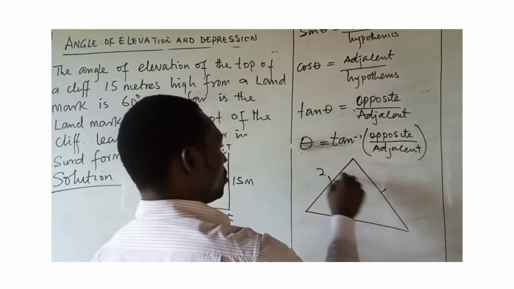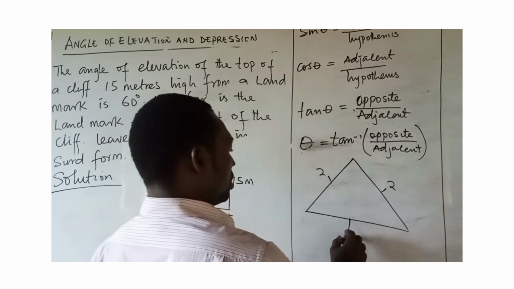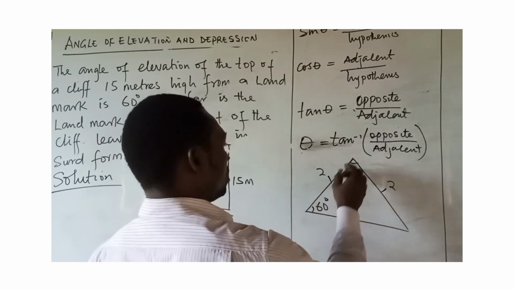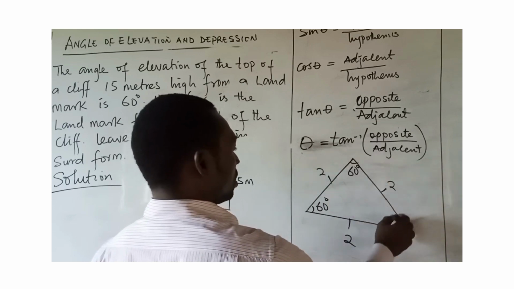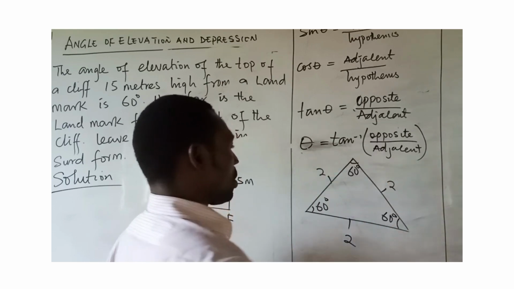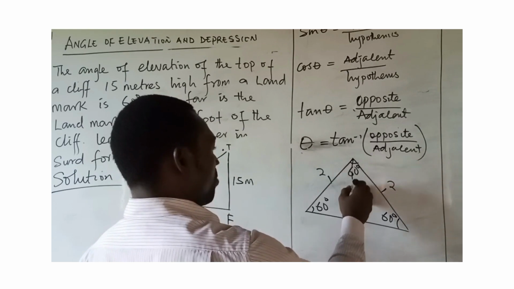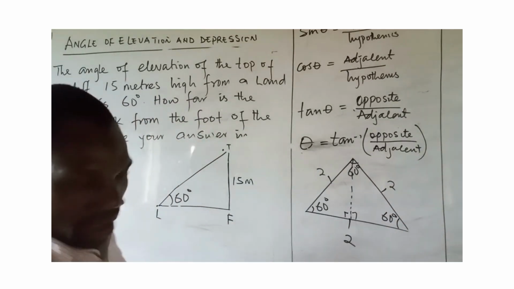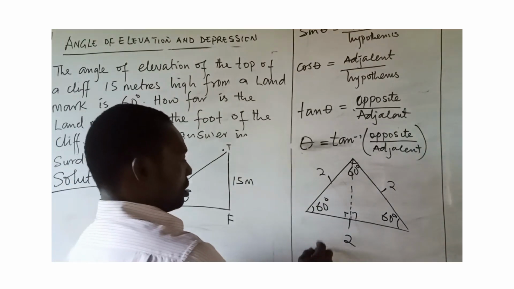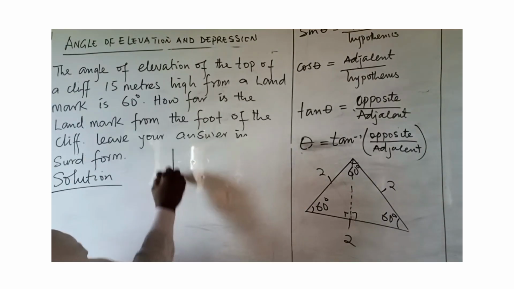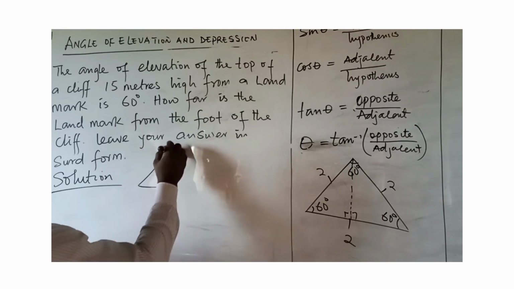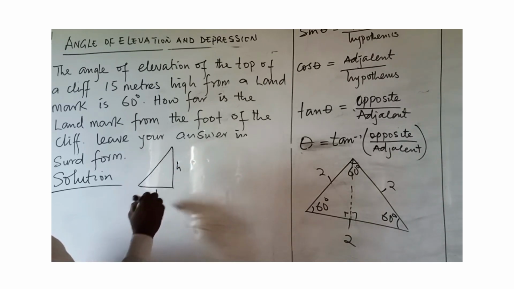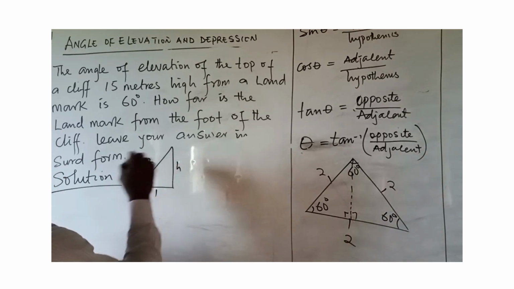So if this is 2 units, and this is 2 units, and this is 2 units, the sides are equal. Then this is 60 degrees, this is 60 degrees, and this is 60 degrees, equal angles. If I bisect this, I will have a right angle triangle. Then bringing out one of the right angle triangles with height h, this is 1, this is 2.